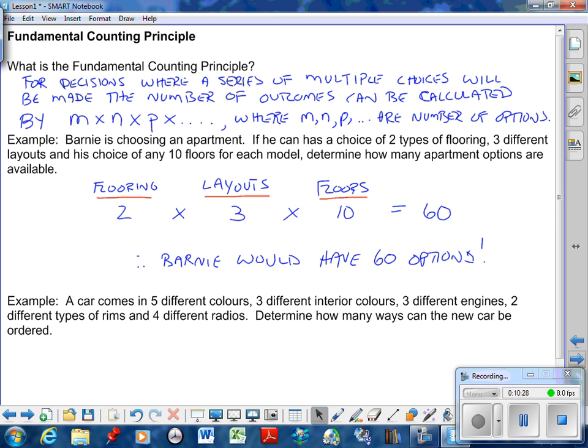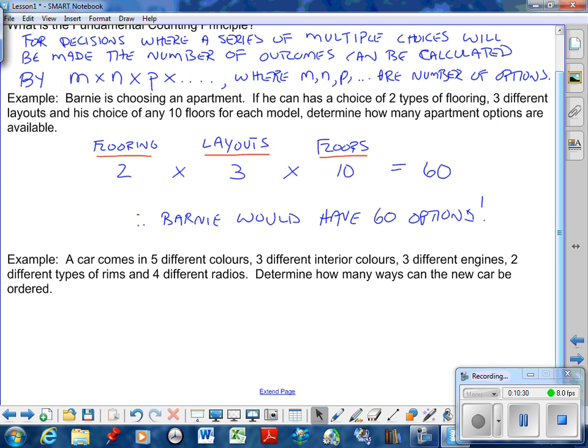All right, so the last example at the bottom here, okay, car comes in 5 different colors. So this is the car thing. Okay, so we've got color, 3 different interior colors. So I'm just going to put interior, 3 different engines.